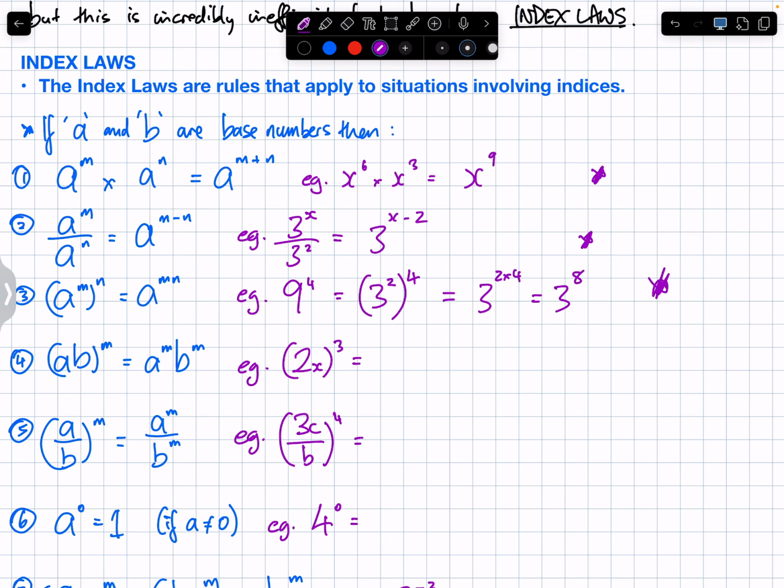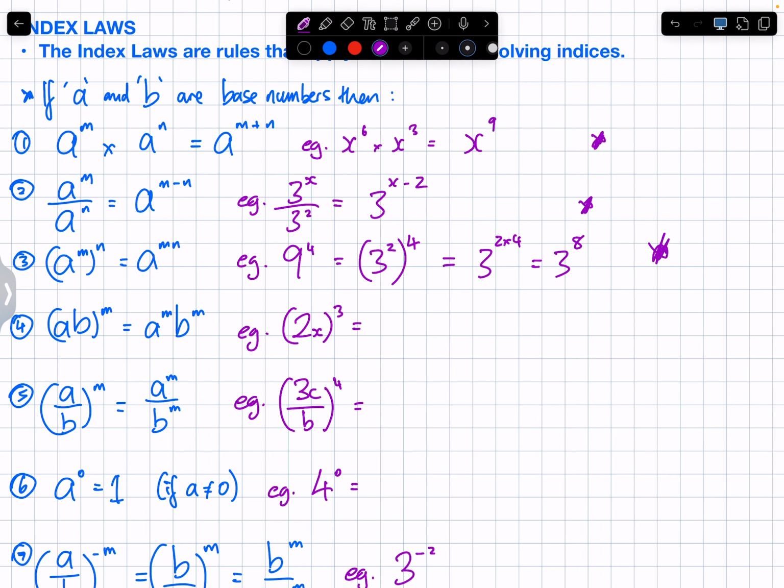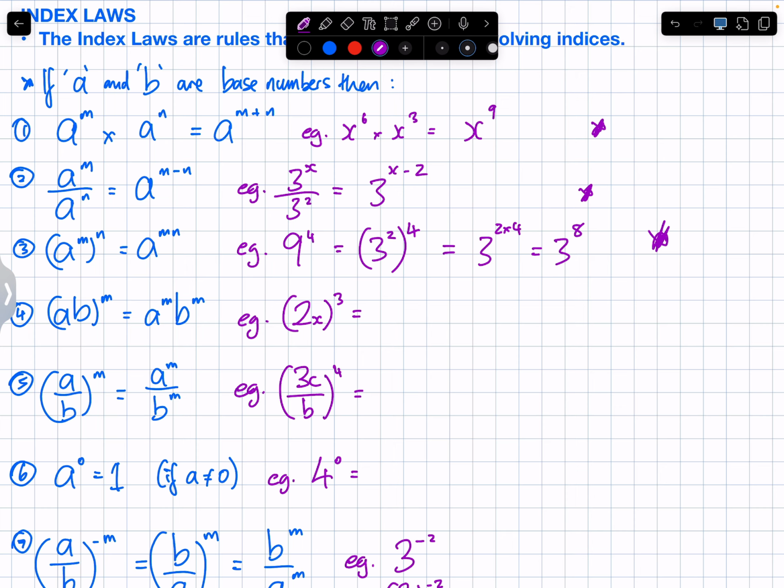They get a slightly more complex now. Number 4. What operation is happening between the A and the B in the brackets?